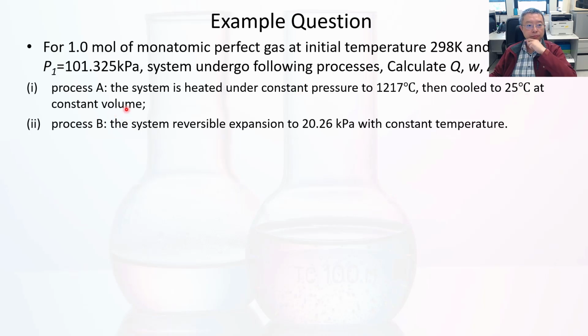You know the Cv and Cp for a monoatomic gas. The second process is a reversible expansion at constant temperature. Pause this video and take about 5 or 6 minutes to do it.